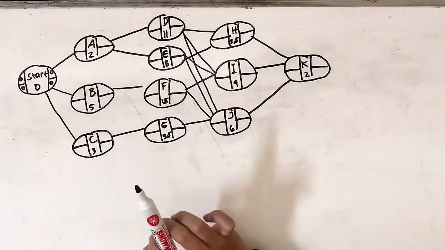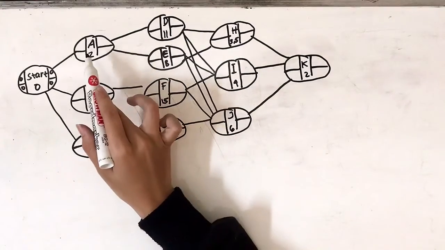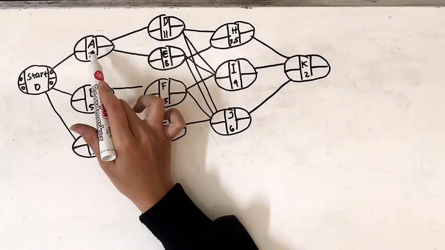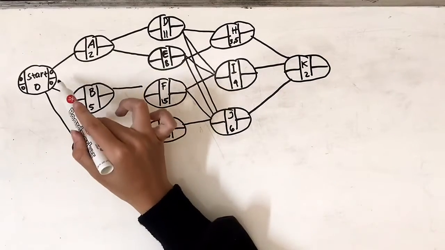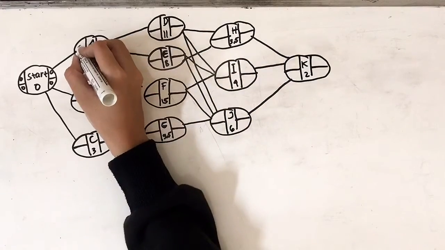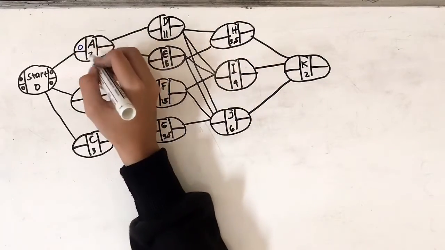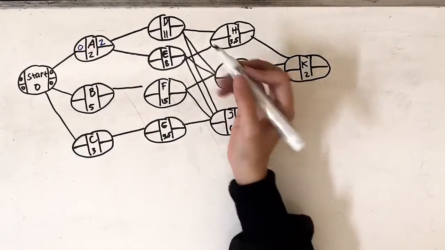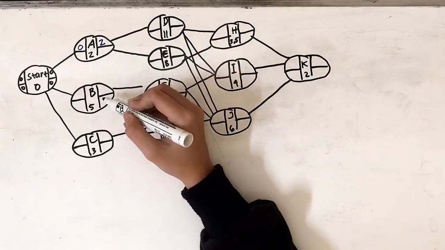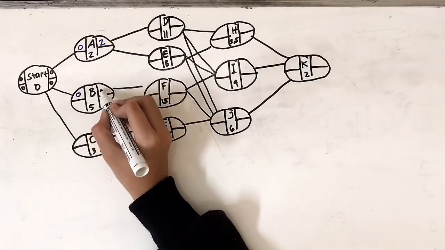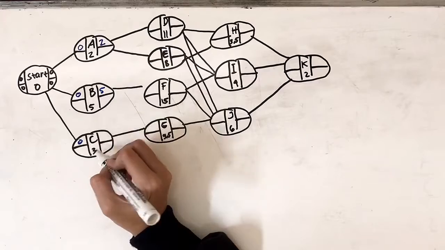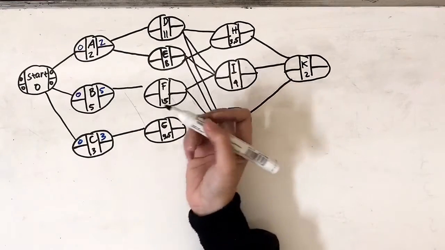The earliest start for activity A is 0, okay, and the earliest finish is 0 plus the activity time, which is 2 weeks. So the earliest finish for activity A is 2 weeks. Earliest start for activity B and C is also 0, okay, and then for each earliest finish for B and C, just add the earliest start with the activity time.